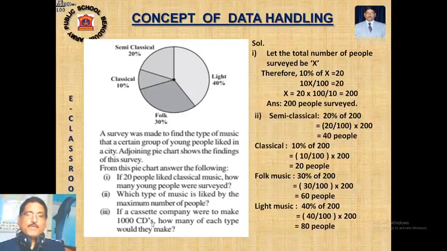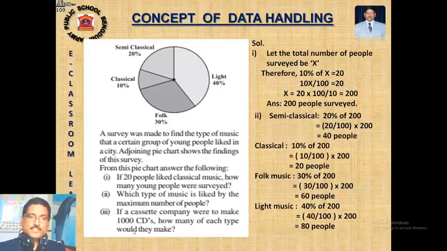Okay, now third question I have not done. It is very simple. 1000 CDs, a company has got ordered to make 1000 CDs. Now what way they will be preparing, they will be making that 1000 CDs in terms of their choice. So semi-classical music 20%, that is 20% out of 1000.